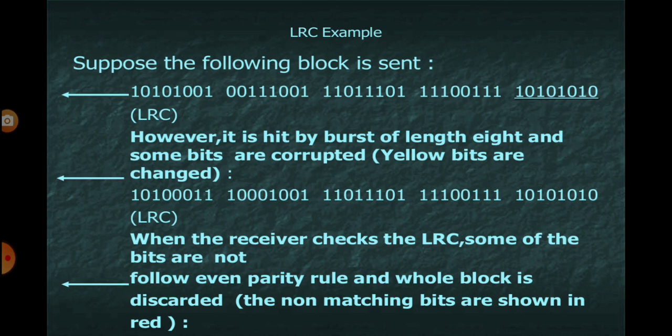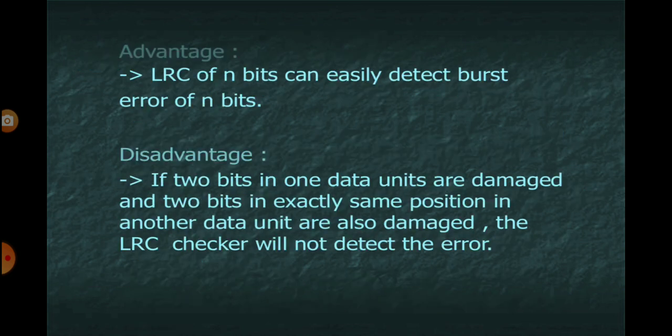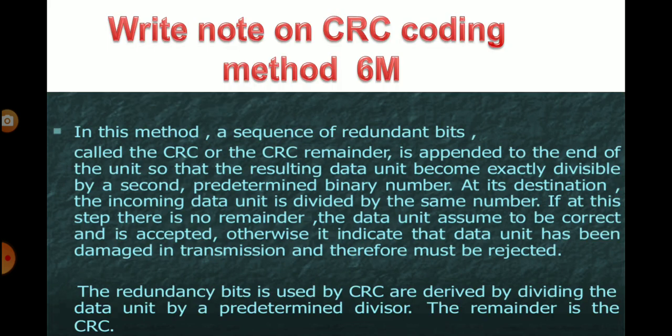LRC example is given. Advantage: LRC on n bits can easily detect burst error of n bits. Disadvantage: if 2 bits in one data unit are damaged and 2 bits in exactly the same position in another data unit are also damaged, the LRC checker will not detect the error.